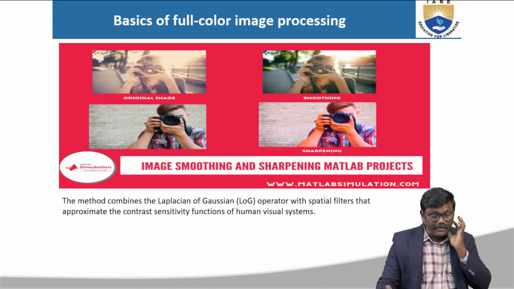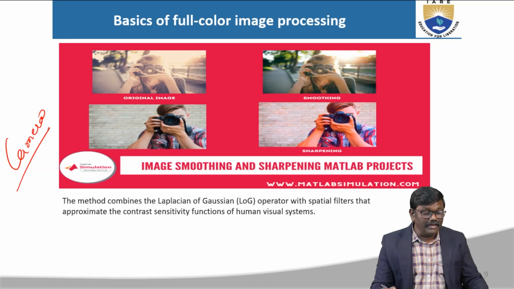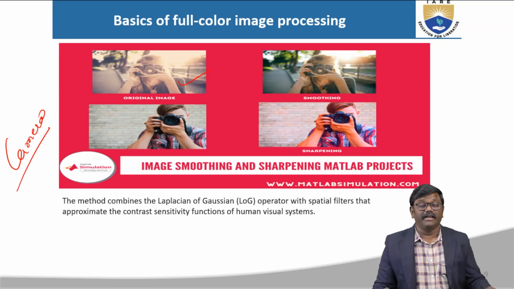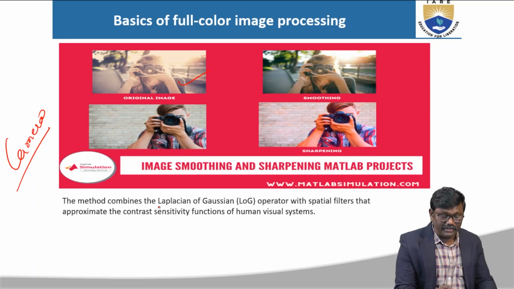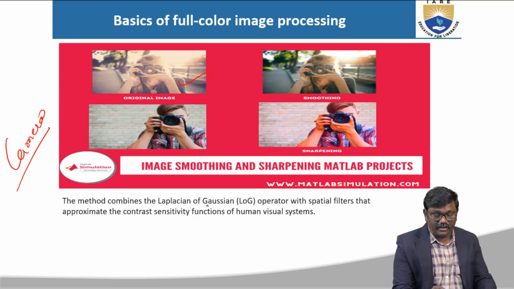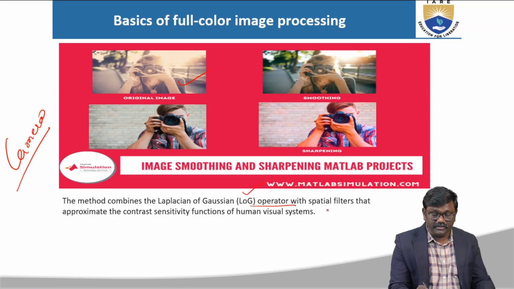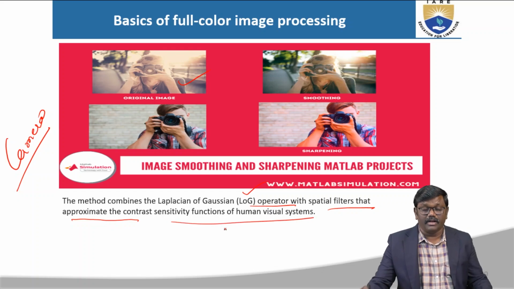So depending upon your selected sensor is also very important. What is the sensor here? The camera. So the digital camera which you are using to capture the image and make that image process towards the understanding levels of image processing, we can apply it with the help of a combination of the Laplacian of Gaussian, that is the LOG operator, with a spatial filter that maximizes the contrast sensitivity function of the human visibility system.